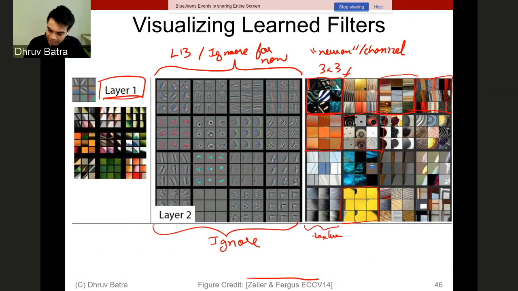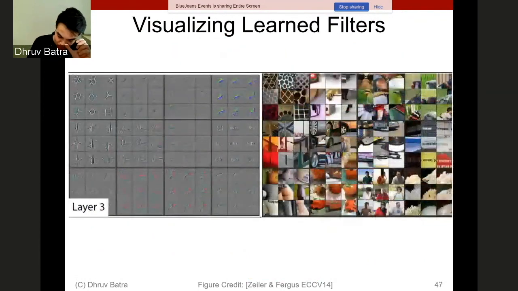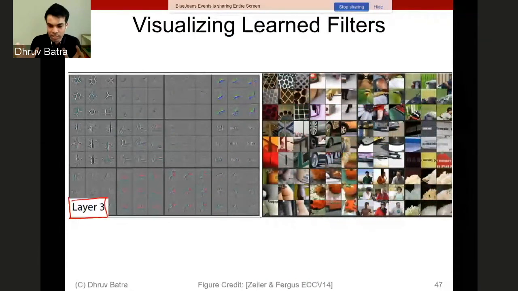When you go to slightly higher layers, so this is layer 3 in a neural network, what you find is that now more sophisticated patches or more sophisticated objects are building up. So this particular neuron, this 3 by 3 cluster, the top 9 images, these all look like crisscross patterns in the input that this neuron is responding to.